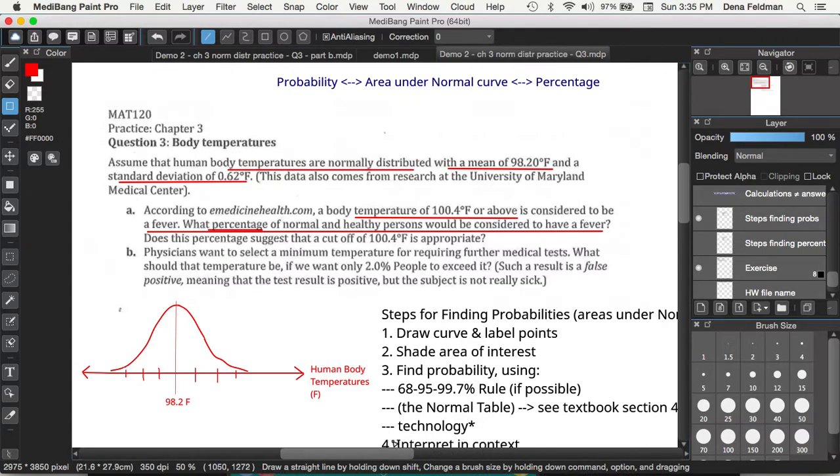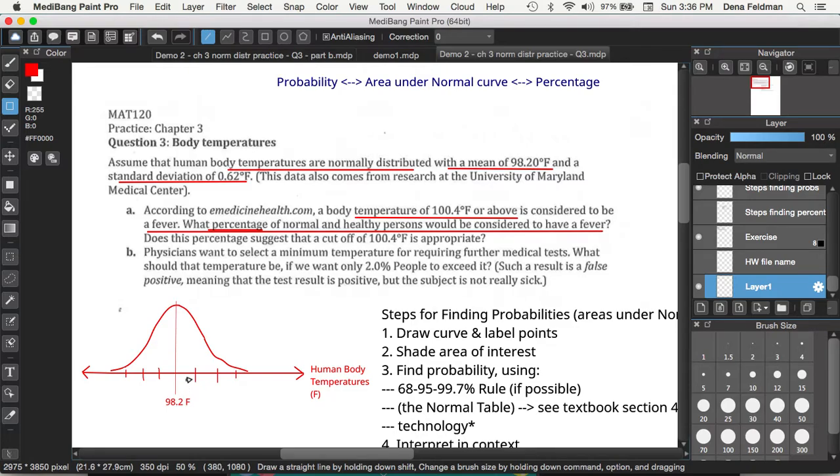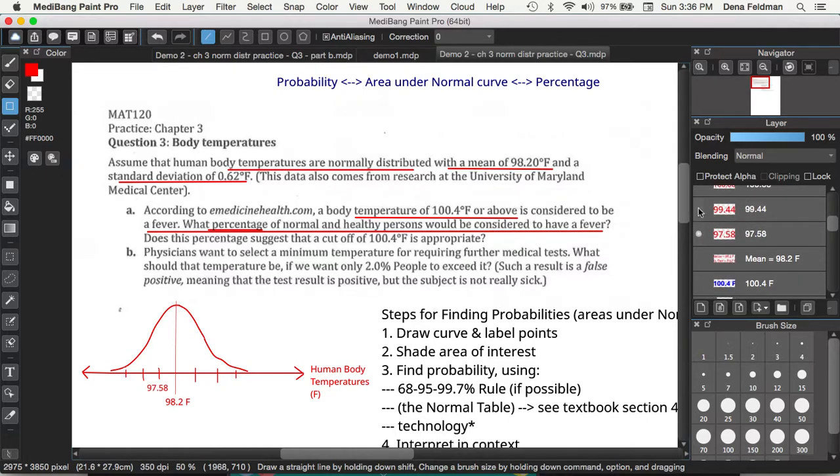And you've seen me, I've already started to draw this curve and label the points that I'm interested in. I've started by saying, okay, here's a normal model for data with this mean, and if it has a standard deviation of 0.62, I automatically know more information about this model.